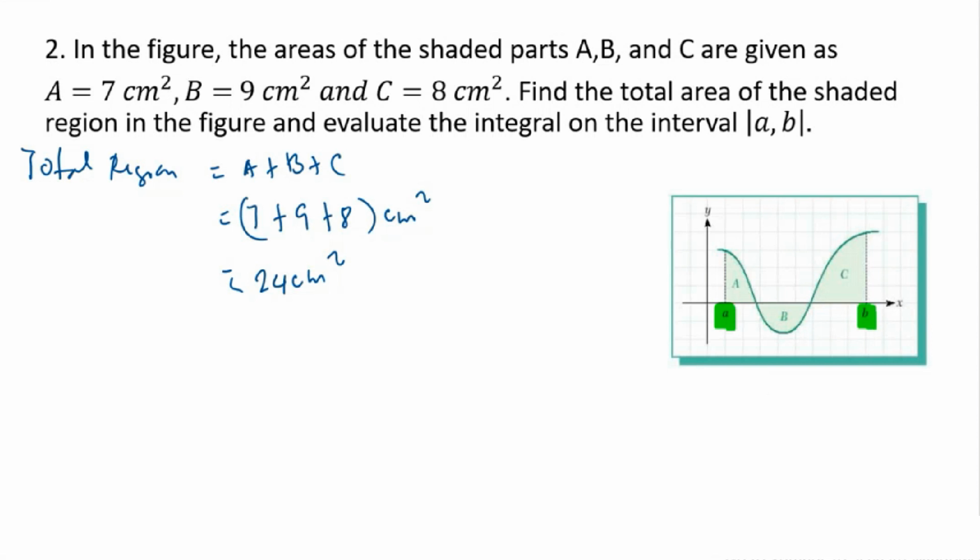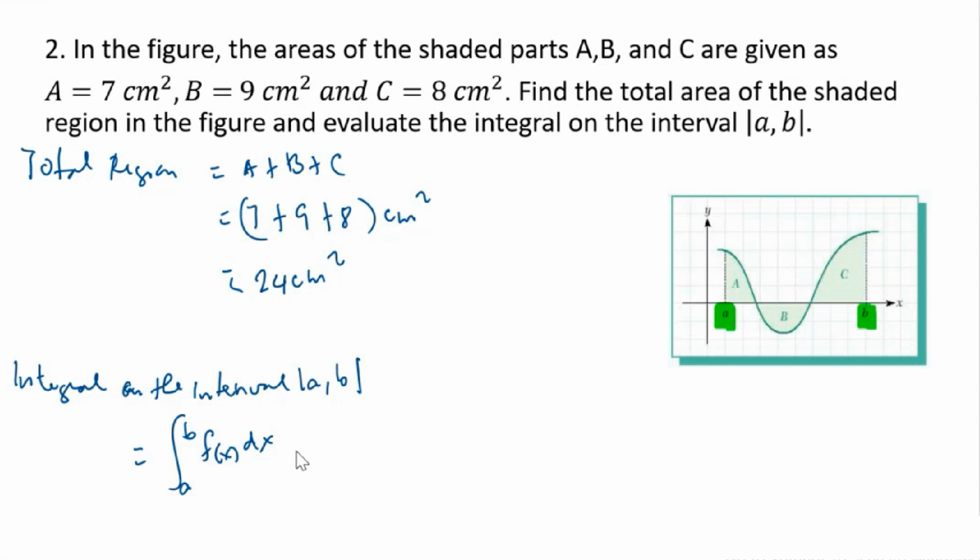So we can write now the integral on the interval A B. The formula for this will be equal to the integral of f of x dx evaluated from A to B. So we can write here according to the graph: the area A is positive, then B now is negative because it is below the x-axis, so we write minus B, plus the area of C, which is above the x-axis, so we just write positive C. So by substitution, we have A is 7 centimeters squared minus B is 9 centimeters squared, plus the area C is 8 centimeters squared.